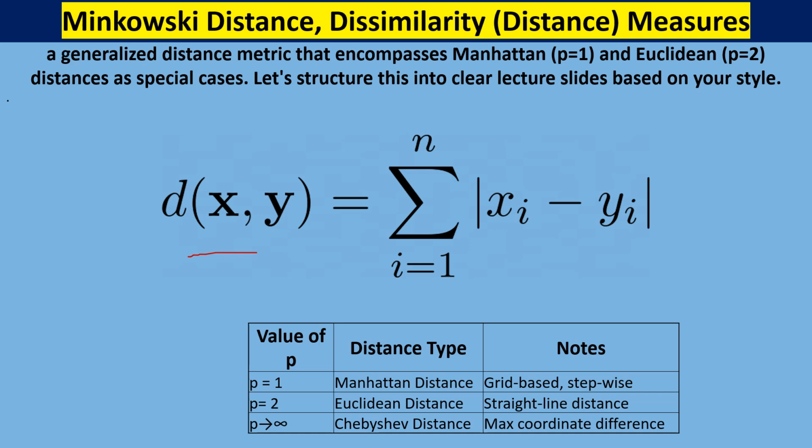So Manhattan is p=1, Euclidean distance is p=2, and then infinity: maximum coordinate difference, straight line distance, and grid based system.